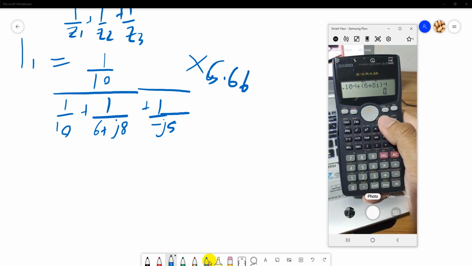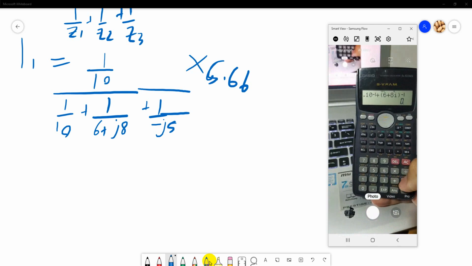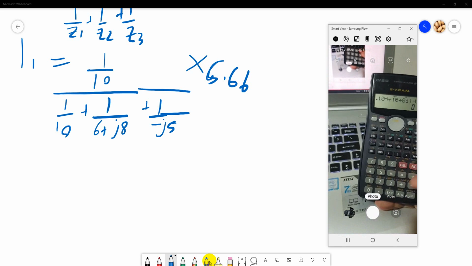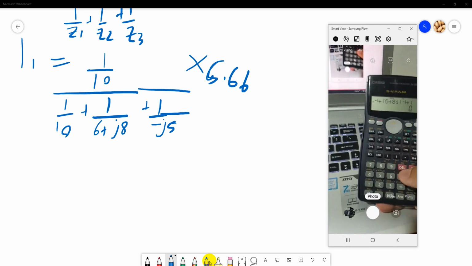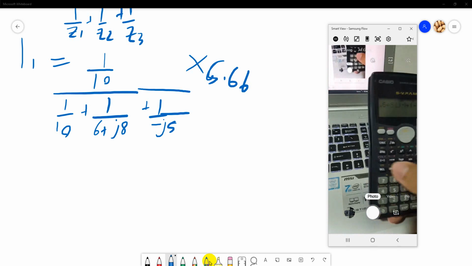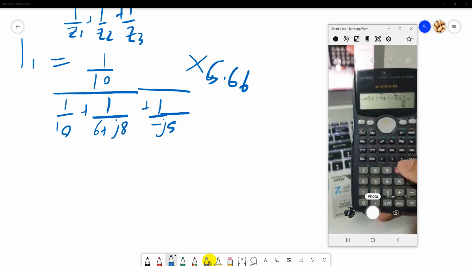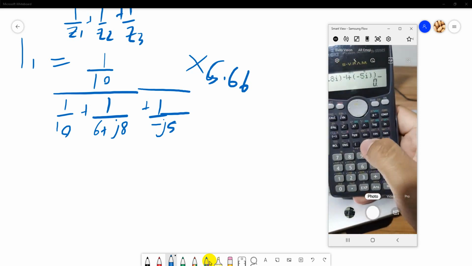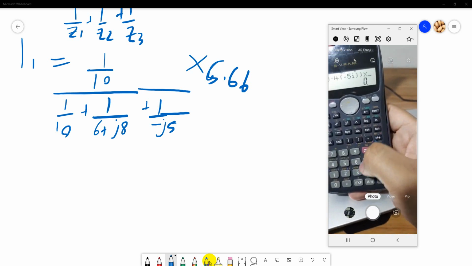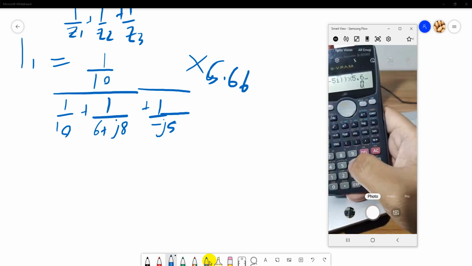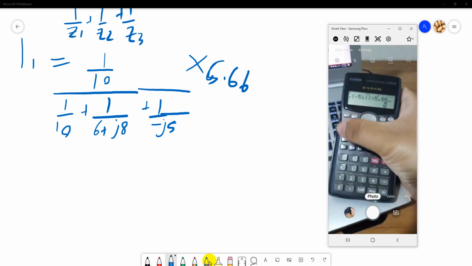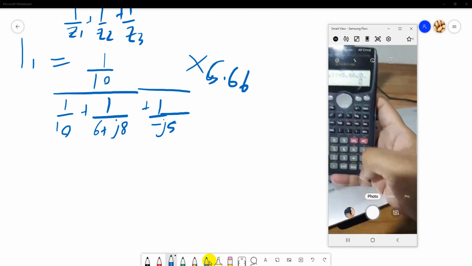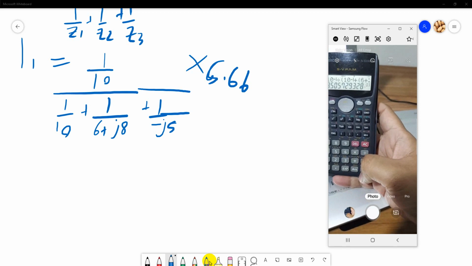Don't forget the bracket, and then plus open bracket, negative 5j, close bracket. So be careful if it is negative. Sometimes it will become a problem, so don't forget the close bracket again, and then lastly multiply by 5.66 angle 0, shift angle, then 0. So it equals this.